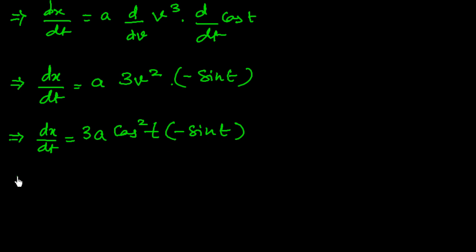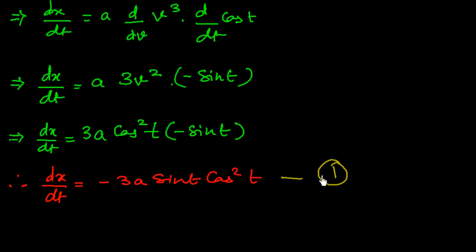Finally we get dx over dt is equal to minus 3a sin t cos square t. This is our first equation.